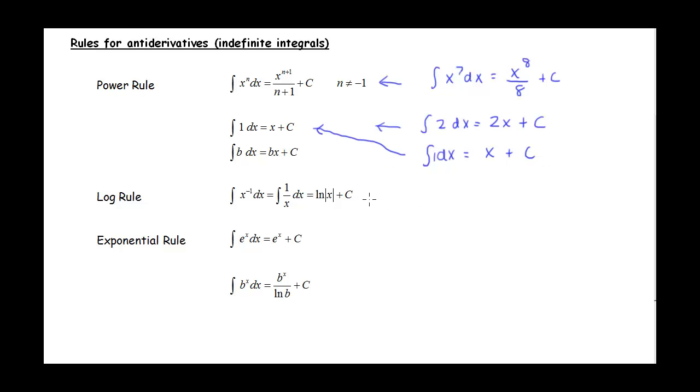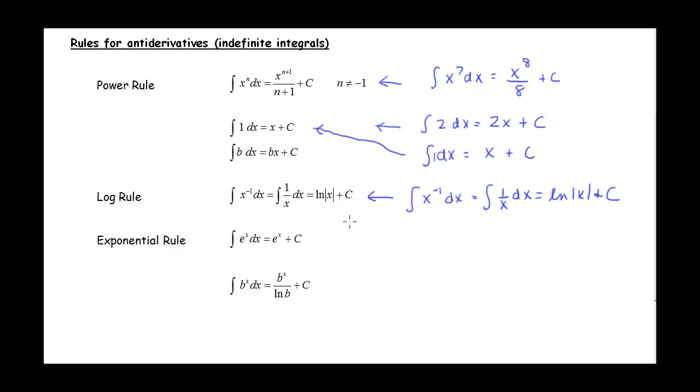Now, if our exponent is -1, that means I have something like x to the -1 dx, or 1 over x dx. So if you remember, what function, when we took its derivative, gave us 1 over x? Well, it was the natural log.